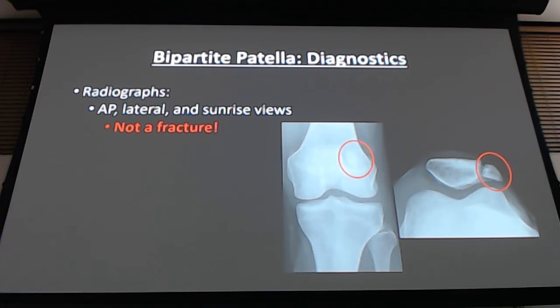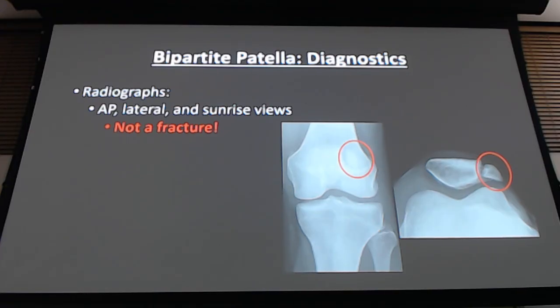All right, so diagnostics. Someone's gonna get this X-ray, not in this classroom, right? And they're gonna say, oh, patient has a fracture. Okay, nope, it's not a fracture. It's in red. It's not a fracture.